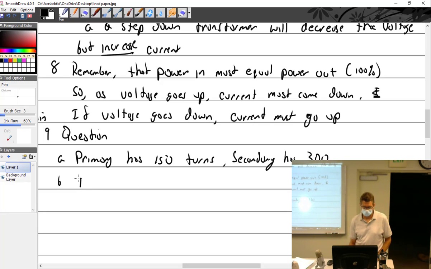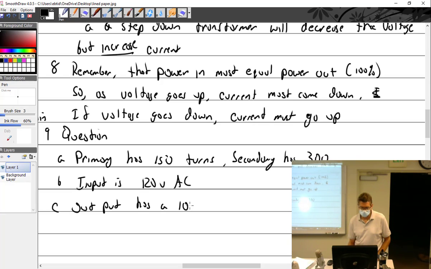Input is 120 volts AC, and the output has a 100 ohm load. What does that look like?